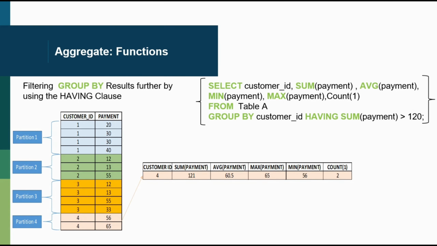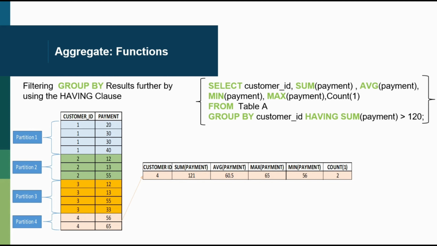If you want to filter the group by results, you can use the keyword having and then the group by column, and you can use an operator to filter the records. If you see the example, we are saying having sum of payments greater than 120.